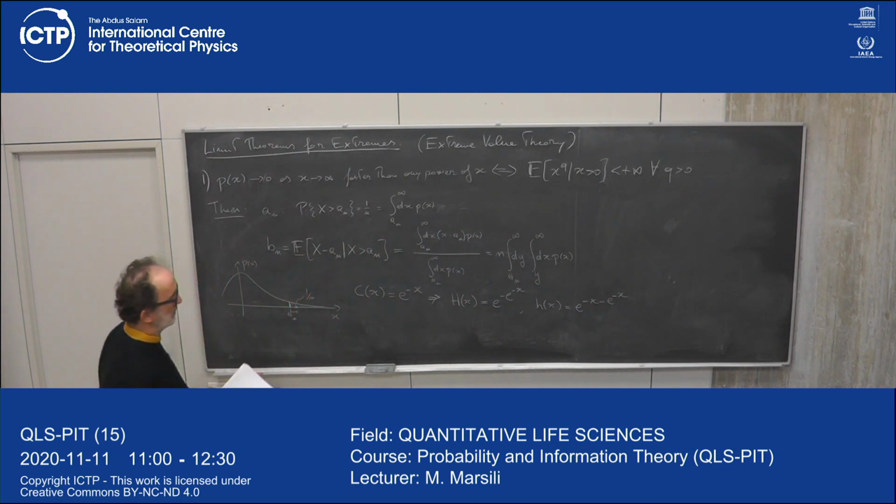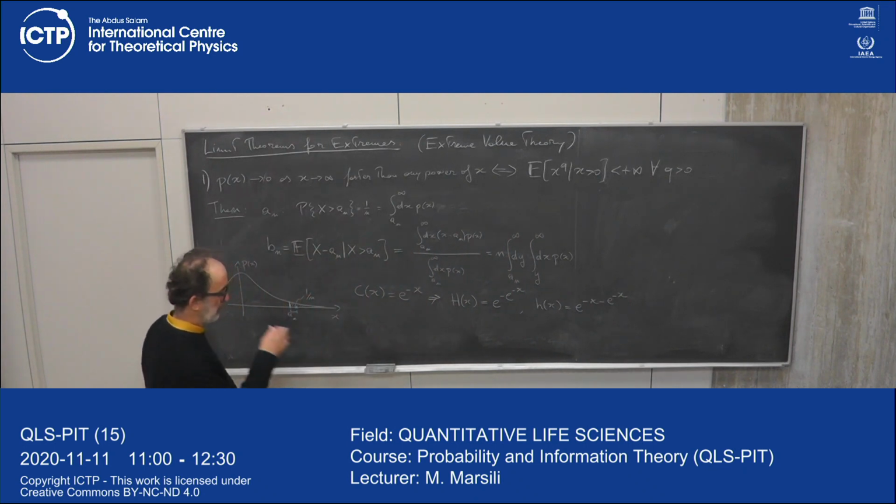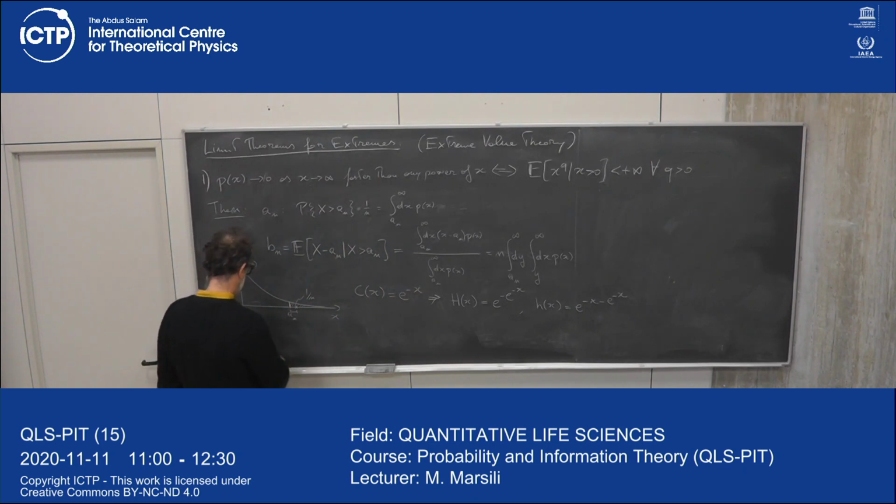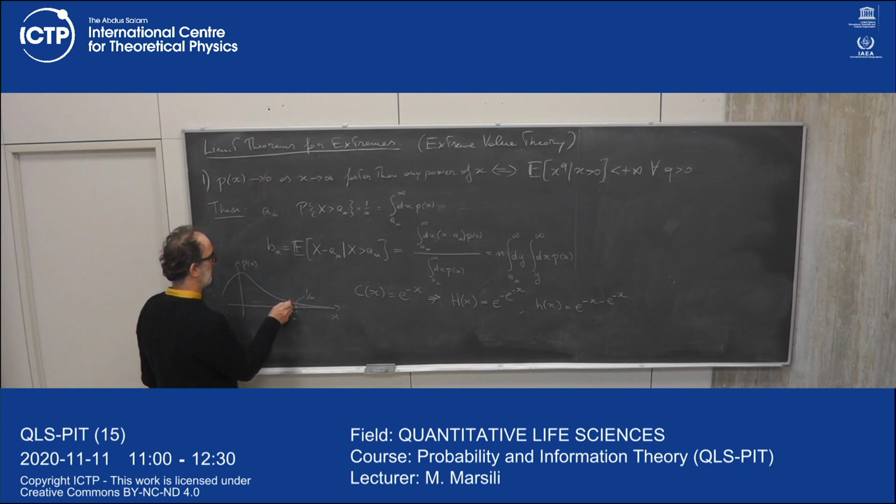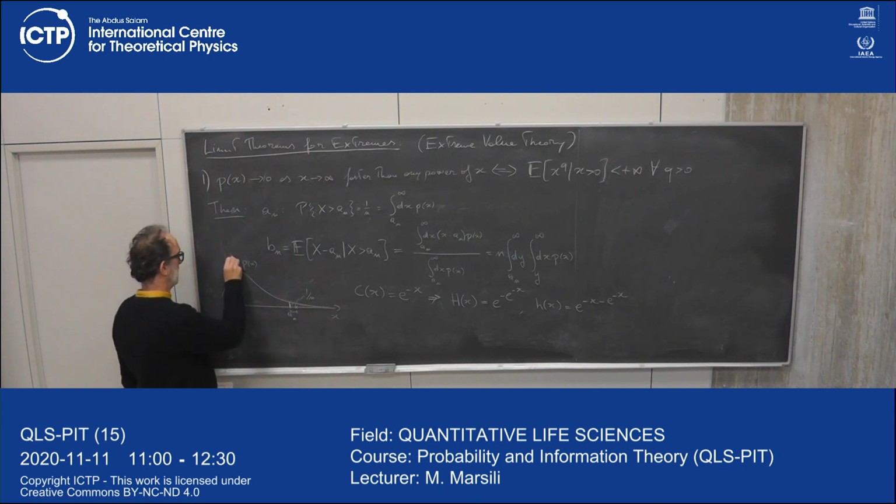If you look at this distribution, h of x, it goes to 0 exponentially on one side, as e to the minus x.